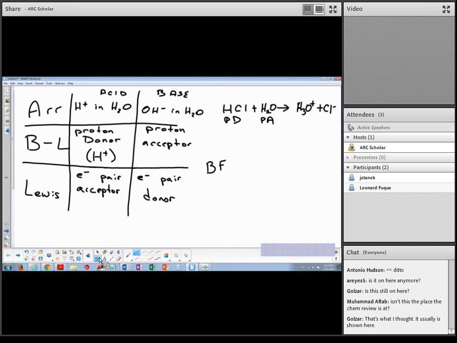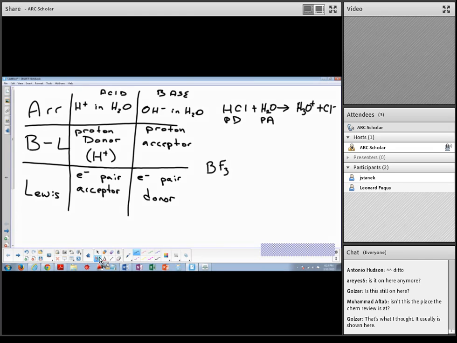You're right, so BF3. Now, can anyone tell me, is that an acid or a base, though? I'm hearing both here. One person thinks it's an acid, and the rest sounds like they think it's a base.